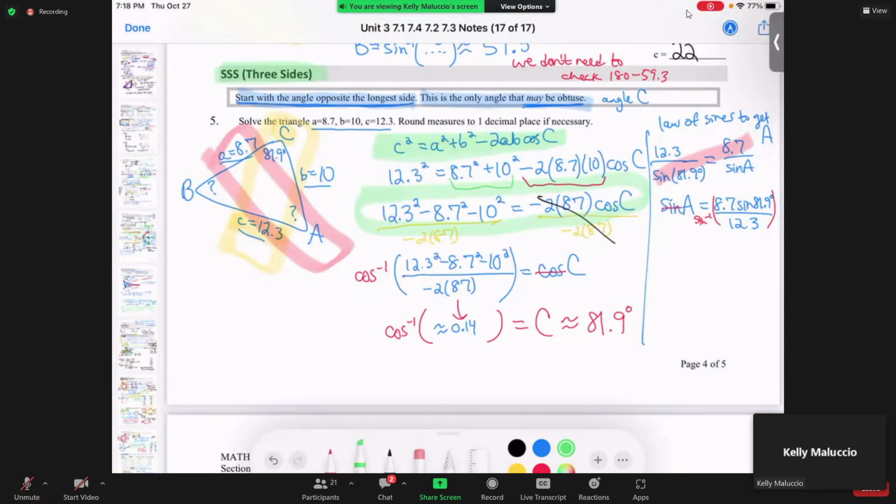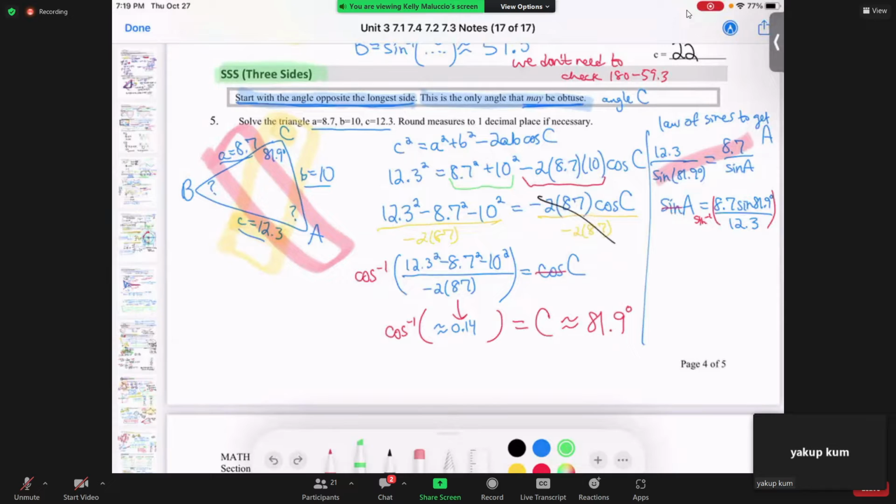So what I did was I subtracted a squared, I subtracted b squared, that's here. Then I get a -2 times ab cosine C. So I have to divide by -2ab. Does that make sense? Yeah, you just didn't see it. That's further up, no big deal. This is good. This is why you asked.